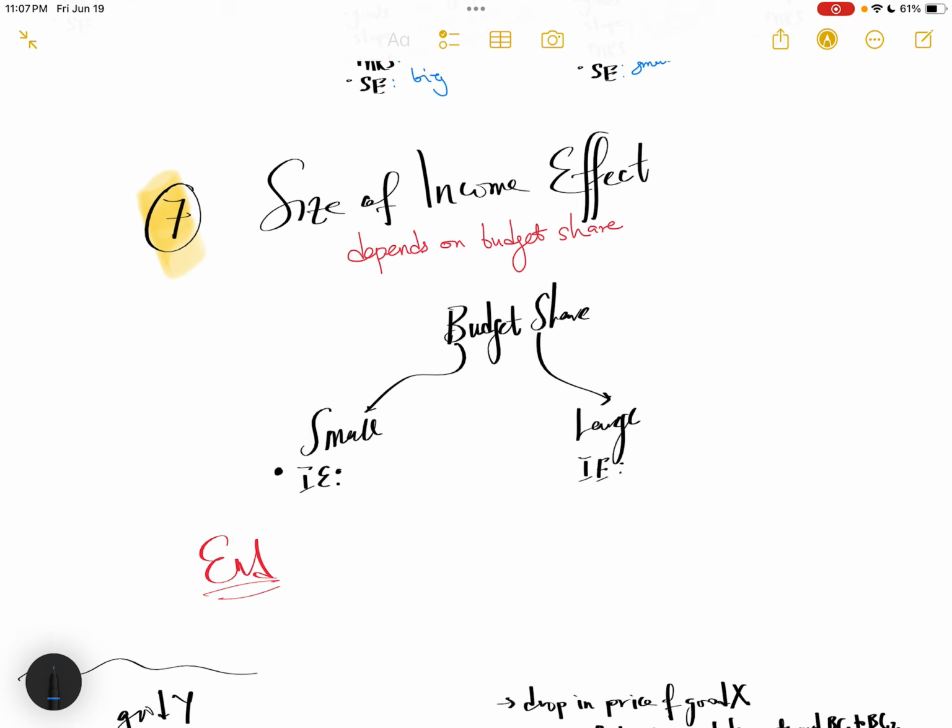When the price goes up for toothpaste, the income effect of that should be small, because by how much would it go? Toothpaste already costs maybe $4, and so it goes up an additional $1. The share of the budget is still small for toothpaste. So small budget share, small income effect, and large budget share, large income effect after a price change.